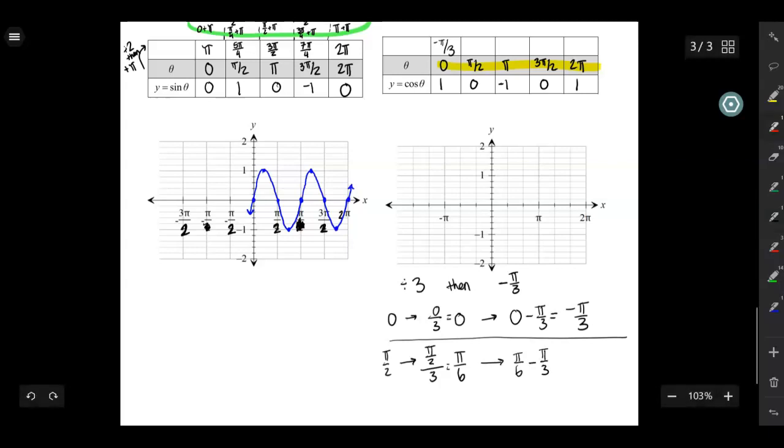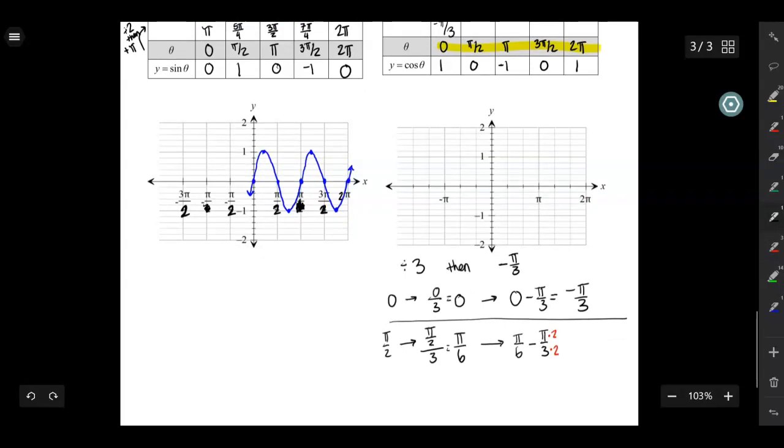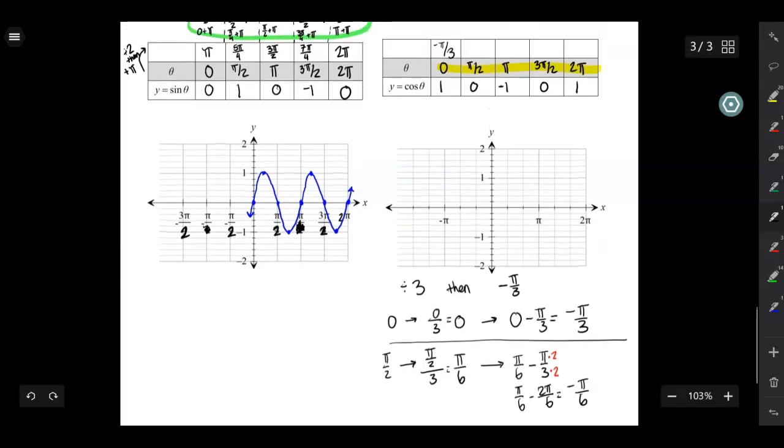In order to do that, I have to find a common denominator. So I'm going to change this pi thirds to 2 pi over 6. So I get pi over 6 minus 2 pi over 6 is equal to negative pi over 6. So that is what happens after I perform the transformations on pi halves.